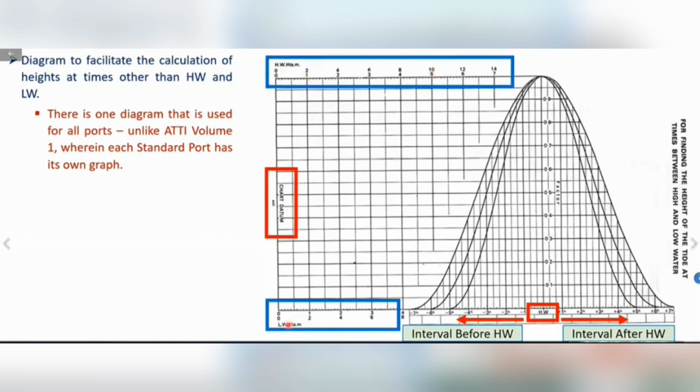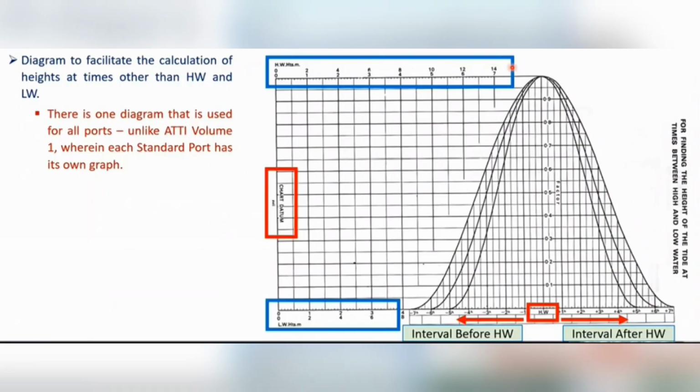Please pay attention that there are two scales, one from 0 to 4 and 0 to 7 here. So that is the same scale. The other one is 0 to 8 here and 0 to 14 on top. We have to use the largest possible scale depending on the heights of tide involved.